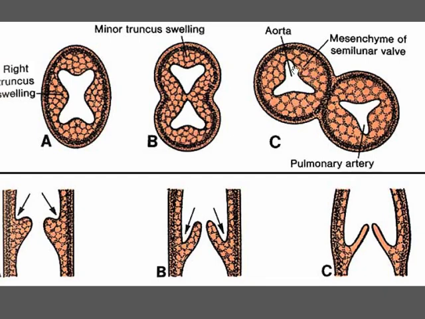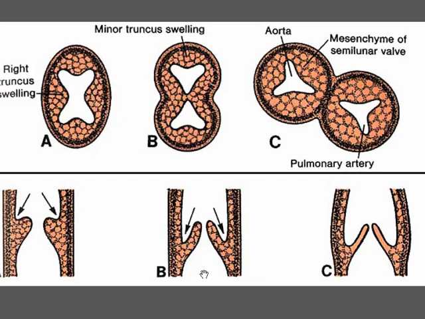Below, we see that these growths are selectively eroded. If the erosion is too excessive, then there will be a valvular insufficiency where they don't completely close and there's backflow through the valve. Or if there is too much growth, then there will be a stenosis and the lumen will be constricted, and this will offer excess resistance to blood flow.